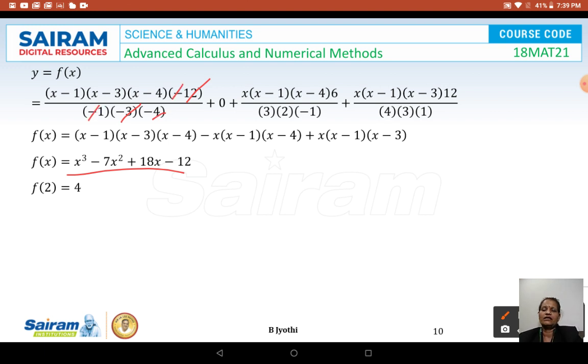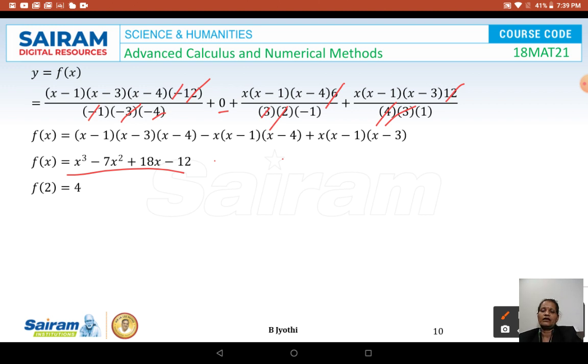Therefore, in the numerator we are getting x minus 1, x minus 3, x minus 4, and the second term anyway will be 0. Here also this 3 into 2 will be cancelled with the 6, hence it will change to a minus sign. So it is x into x minus 1 into x minus 4, and this 12 gets cancelled with 4 into 3. So we are getting x into x minus 1 into x minus 3.